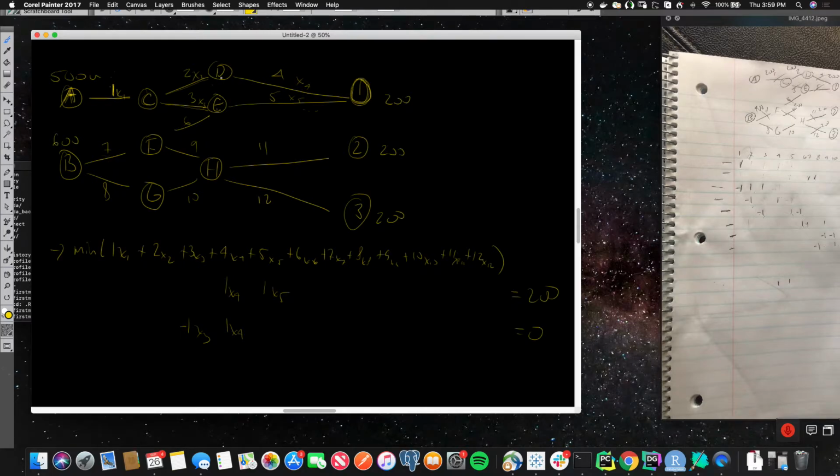So if something comes up through x3, it has to go through x4. So if, say, x3 is equal to 200, then x4 is required to equal 200, and then this would be required to equal 200. And then we've satisfied that constraint over here, filling this up with 200.